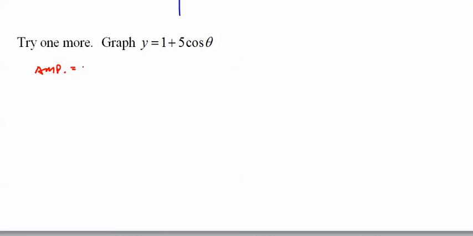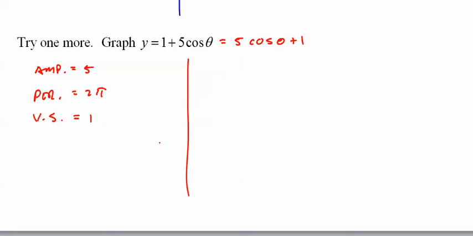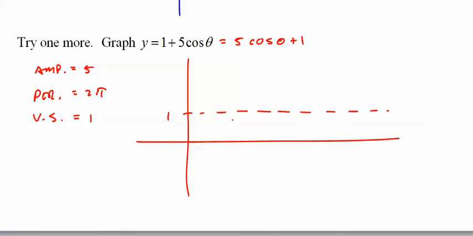Amplitude equals 5. Oh, by the way, I like rewriting it. Period equals 2 pi. Vertical shift equals 1. One, 2, 3, 4, 5, 6.